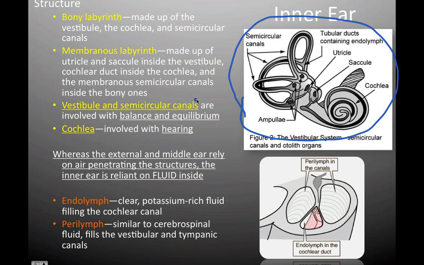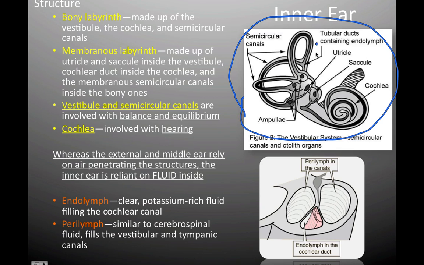The membranous labyrinth includes the utricle and saccule inside the vestibule, the cochlear duct inside the cochlea, and membranous semicircular canals inside the bony ones. So all of this is lined with membrane on the inside of the bone structure. That's our membranous labyrinth.